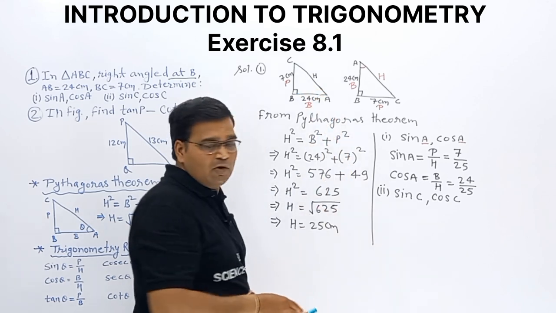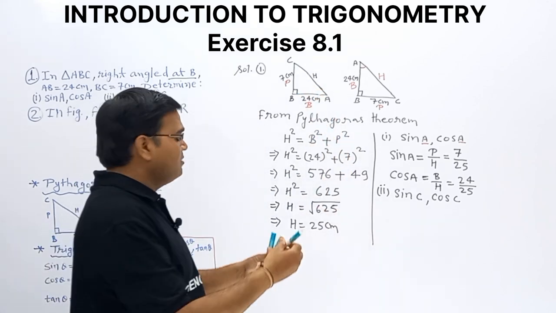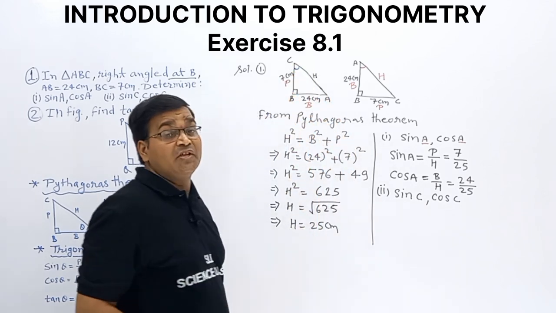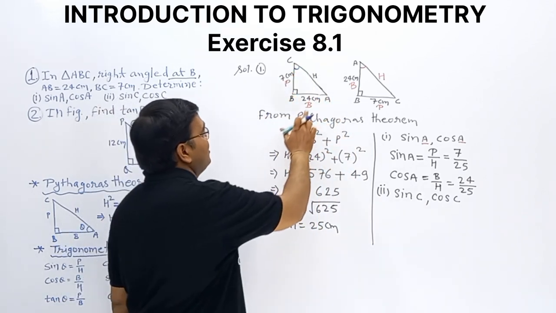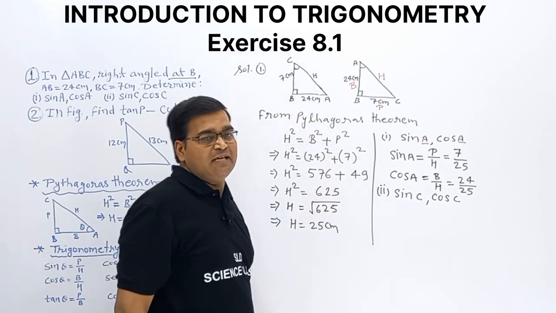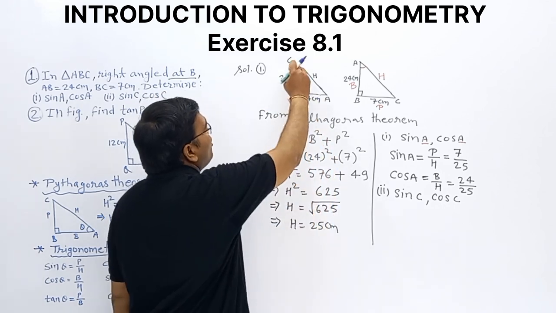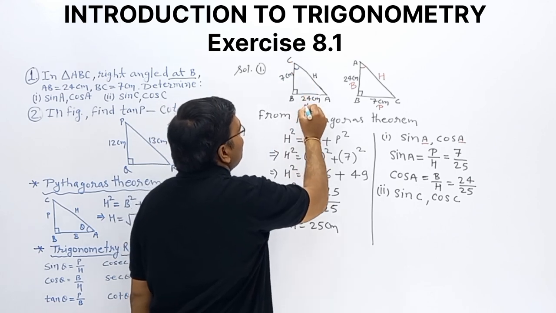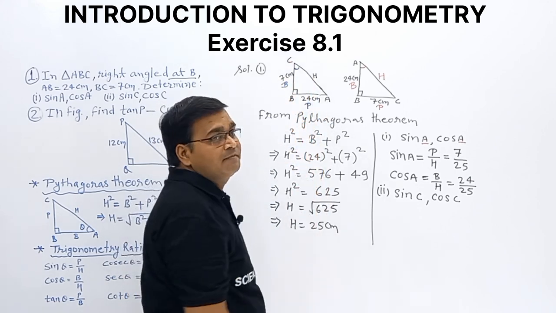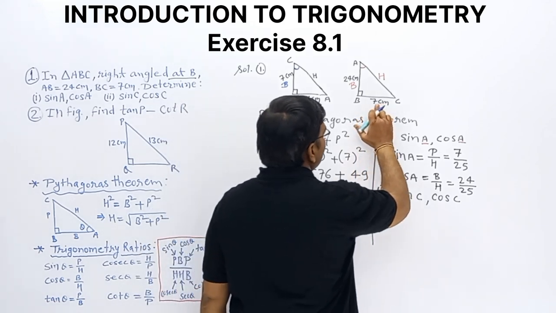This is the angle of reference. Clear? C is the angle of reference. So then base and perpendicular sides will be changed. How? Opposite of this is perpendicular, and its adjacent is base. Clear?